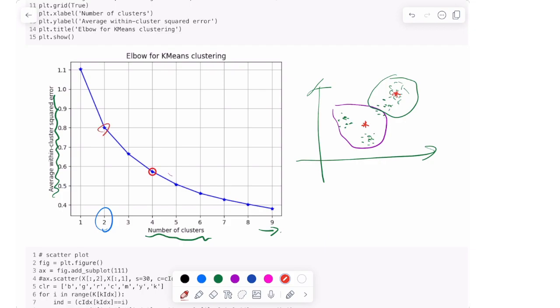So meanwhile, when you do such kind of clustering, you can always calculate the errors and their variance. So the errors are right here, right? You can simply calculate the distance in the purple cluster, right?